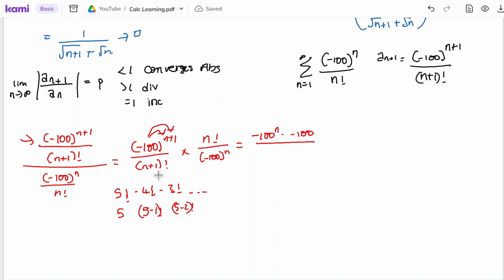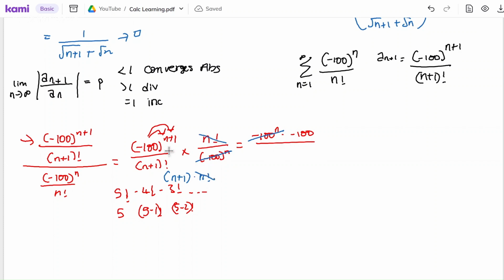So n plus 1 factorial is n plus 1 times n factorial, and it keeps going, but we can just stop at n because we see there's an n here. Like we see over here with the negative 100, there's a negative 100 to the n that's ready to get canceled. And just like here, we see an n factorial that's ready to get canceled.